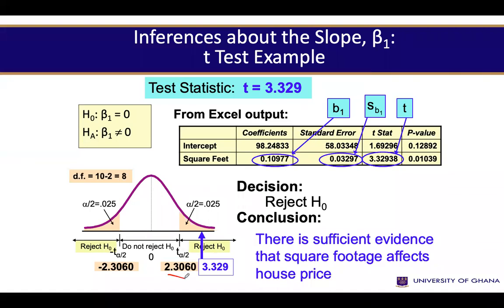So it tells you that you're going to reject the null hypothesis. This tells you that there is sufficient evidence to show that there's a substantial relationship between the house price and the size of the house. Also, there's evidence to show that the size of the house affects the house price. If this was less than the critical value, then you would have said otherwise.